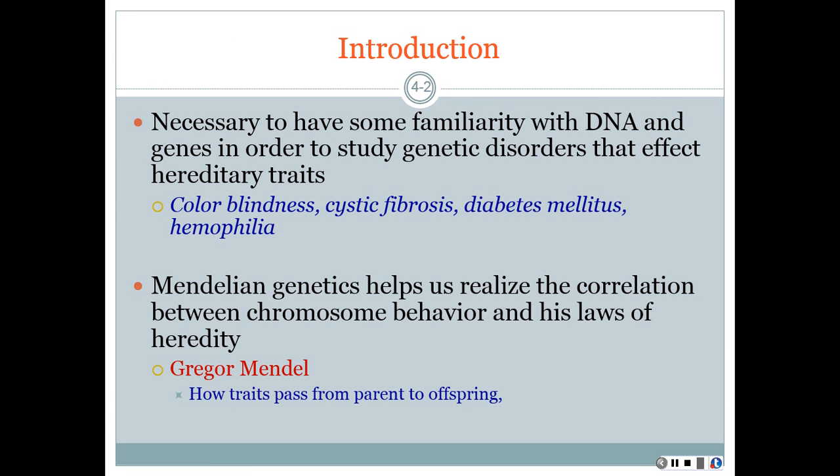If you do not remember, there is a scientist, an Austrian monk by the name of Gregor Mendel, who played a major role in our understanding of chromosomes and the relationship between chromosomes and behavior, as well as traits being passed on from parent to child. He's famous for his experiments on garden peas.